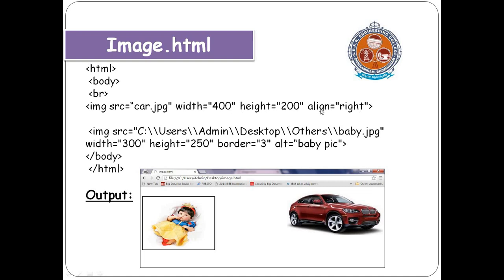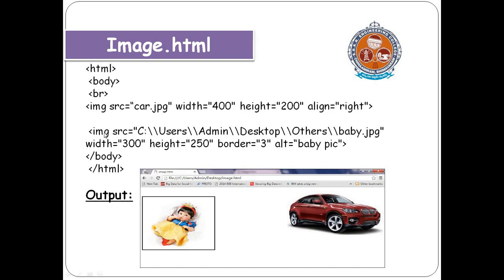So here I use the attributes align, height, width and src. Src is source, that means the URL of the image is defined here, width equals 400, height equals 200, and align equals right. Then the image is displayed at the right side of the web page.